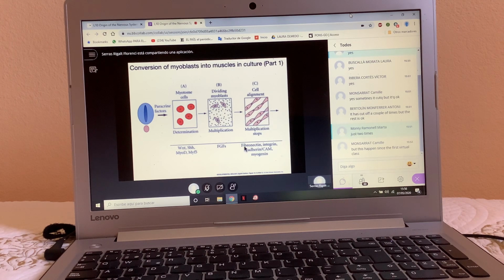And there is also an organization in which different cell-to-cell contact molecules are going to be activated, like fibronectin, integrins, cadherins, and cell adhesion molecules.